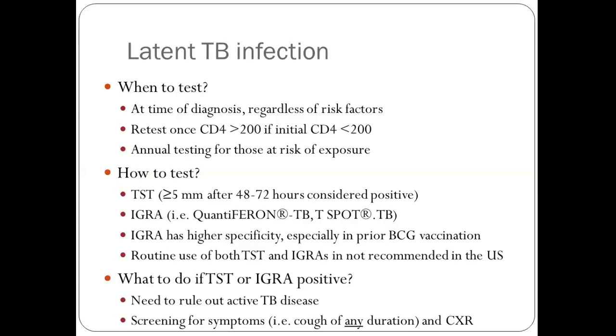And I think Brittany has some good information in her presentation next week about the pros and cons of PPD versus IGRA, so I won't get into that. I'll let her do that next week.